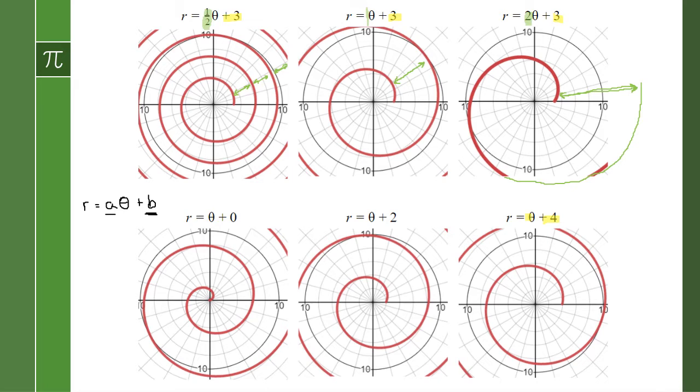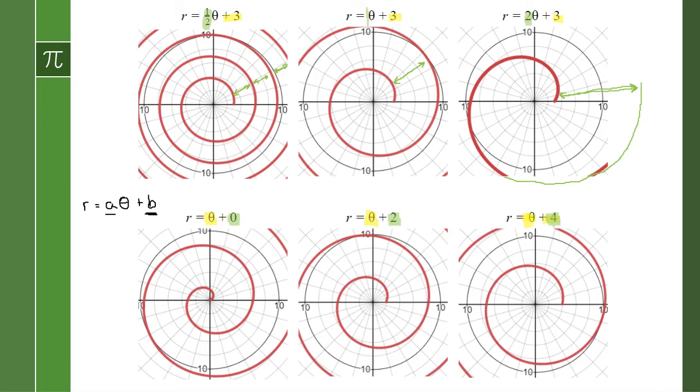Now let's look at my second set of 3 graphs here. All 3 of these have the same coefficient. These all have a width of 1. They all have 1 theta, 1 theta, 1 theta. And that allows us to focus on the effect of the second constant. How are these graphs different from each other when it has plus 0 versus plus 2 versus plus 4?